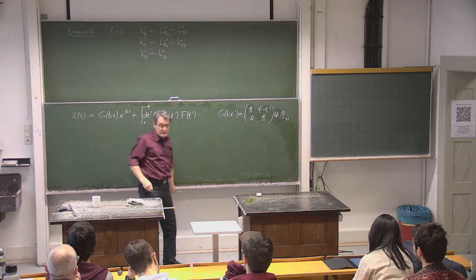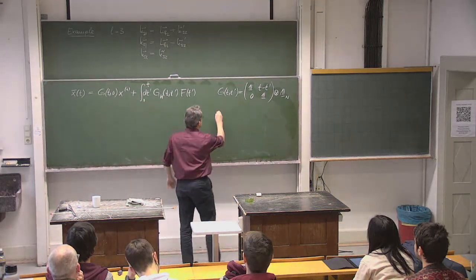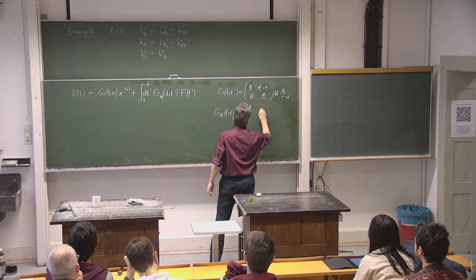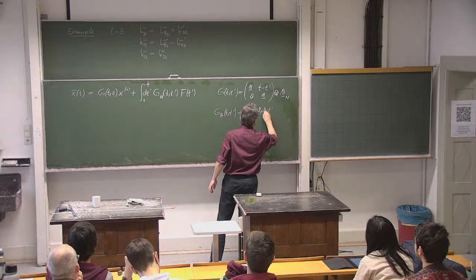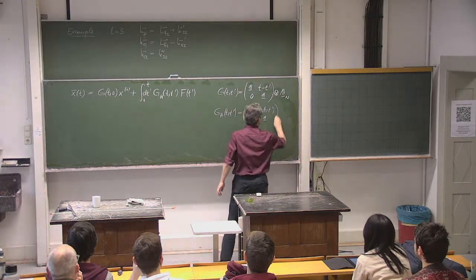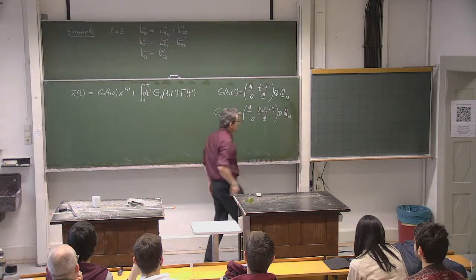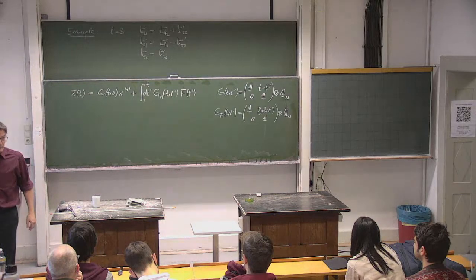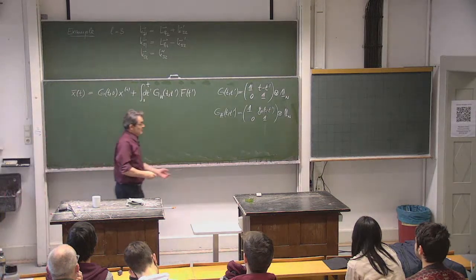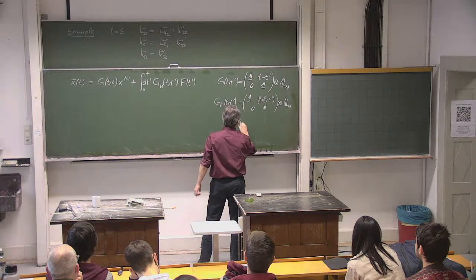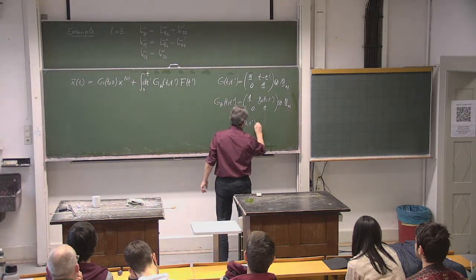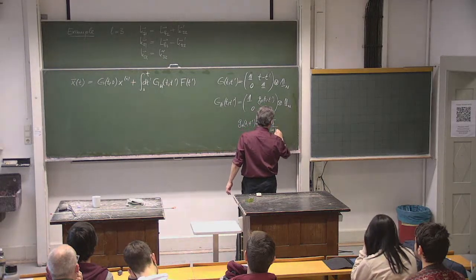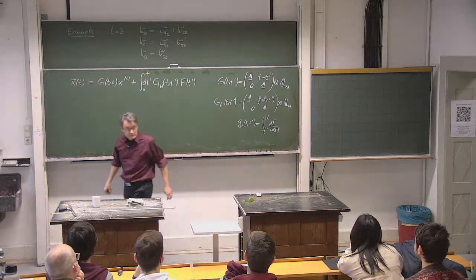This was the Green's function G, and the Green's function G_H was this one here, where we had introduced what we called the Hamiltonian propagator, which had this form, right?